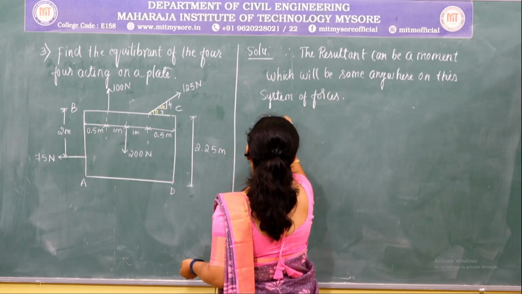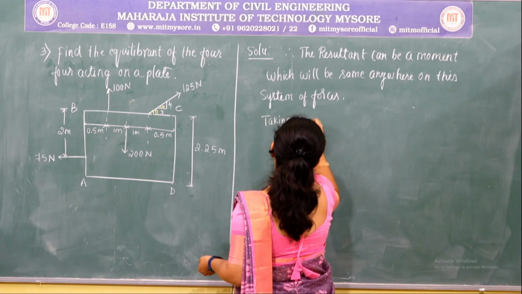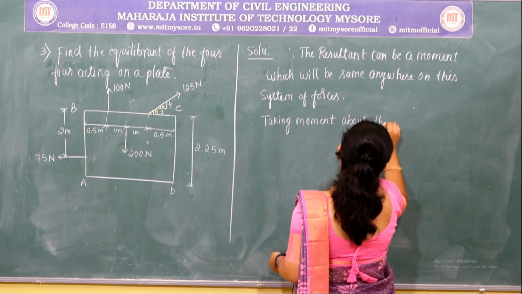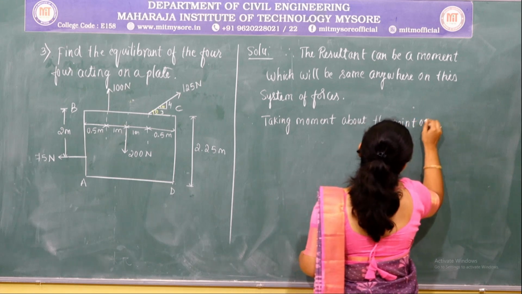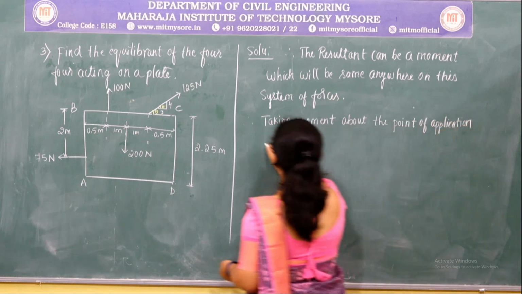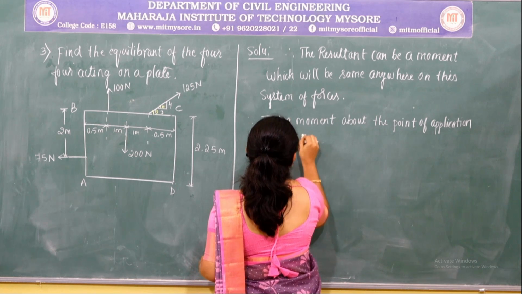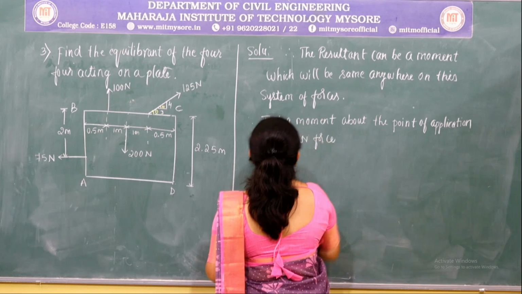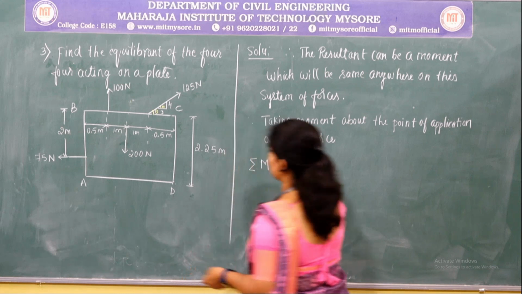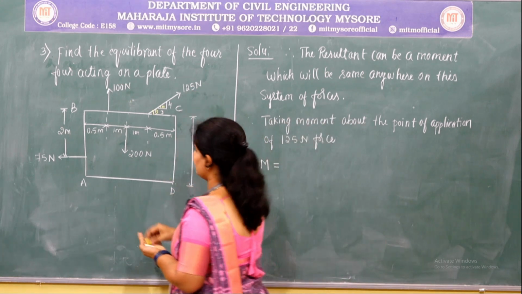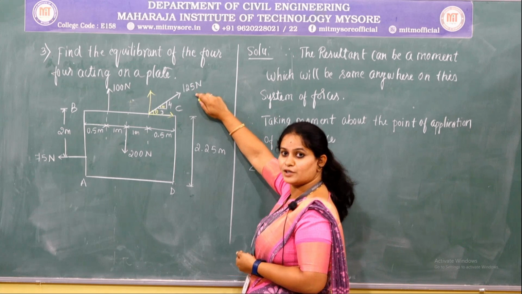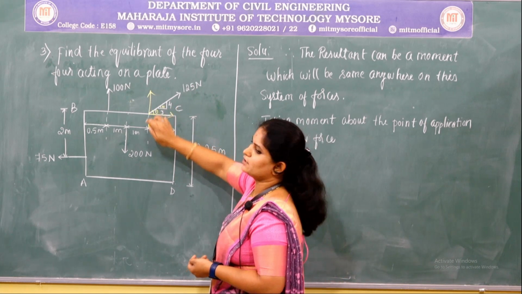Therefore, taking moment about the point of application of 125 Newton force, which is equal to, so the moment produced by both the horizontal and the vertical component of 125 Newton force is 0 because both the components are acting on the same point.